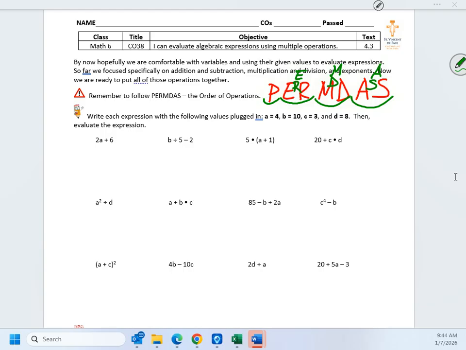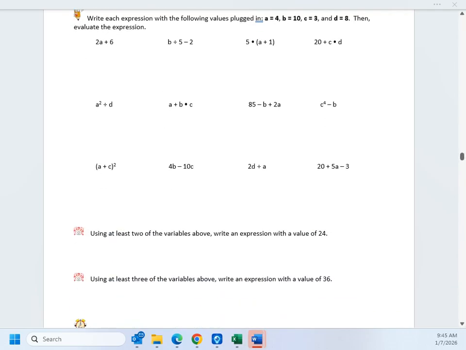All right, so we're going to write each expression with the following values plugged in. So you're going to have to look to see what letters there are and what number those letters represent. You're going to rewrite your expression using the correct numbers instead of letters. So that's going to be our first step. So let me scroll up so we can see what that means.